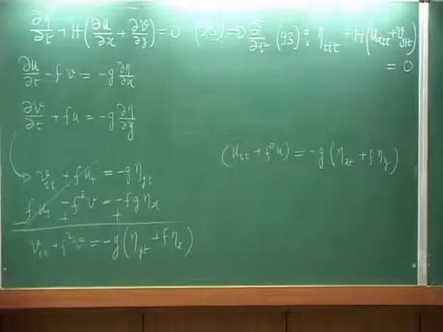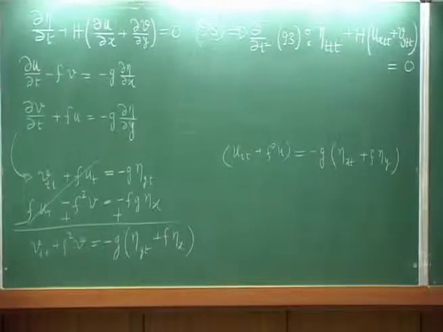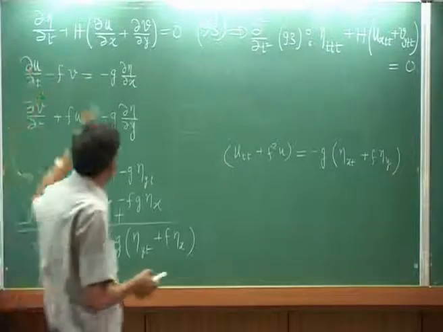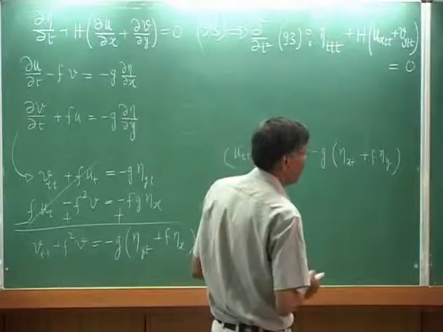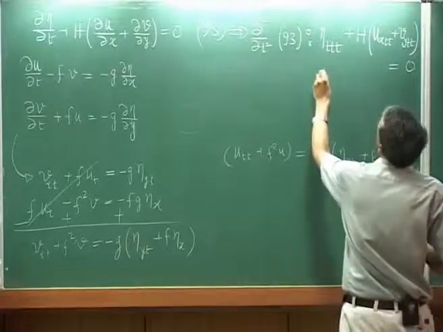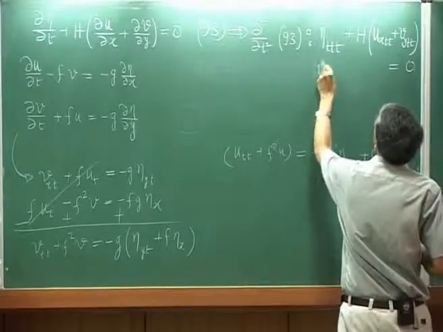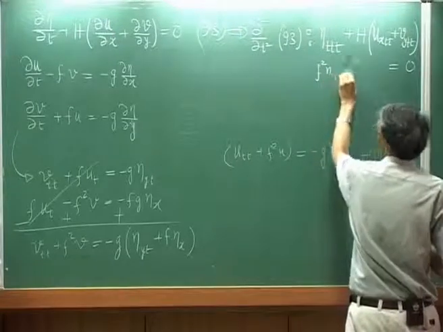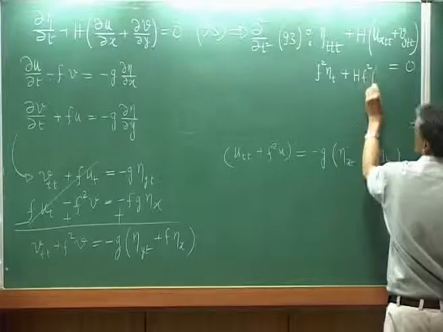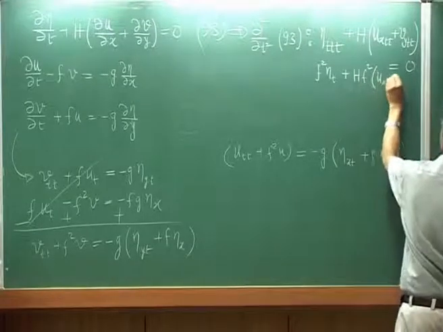That is our equation 98, and no, not yet. We have to add to it f square times the same term, right. So, we add f square eta t plus h f square u x plus v y.